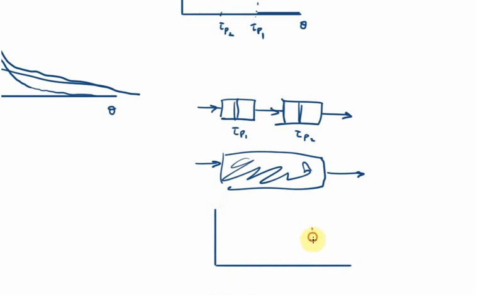So you get a single exit peak at tau P1 plus tau P2. In other words, if you introduce a pulse here, it's going to be delayed by tau P1, and then you'll get a pulse coming out here. And then that pulse will also be delayed by a further tau P2. So that's what E of theta is going to look like.